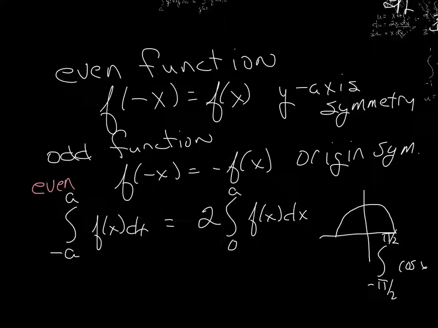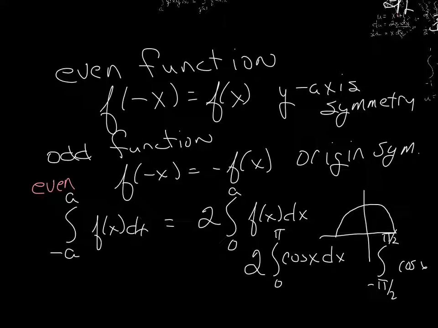So instead of integrating and plugging in both pi over 2 and negative pi over 2, it's always easier to plug in a 0. So we can just double that and go from 0 to pi over 2 of the cosine of x. And that would be a much easier calculation. Generally because it's just easier to plug in a 0.